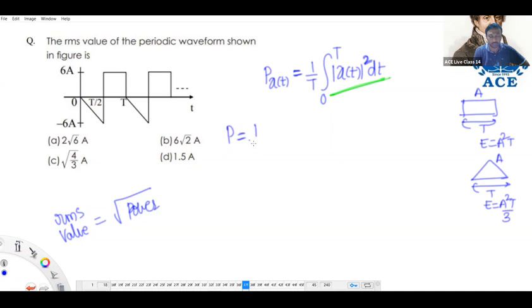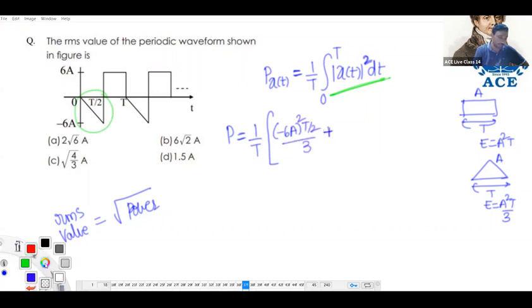So 1 by T. This triangular segment energy, how much can we write, sir? Minus 6A whole square with width T by 2, by 3, plus the rectangular part energy. Rectangular part is 6A whole square into T by 2.